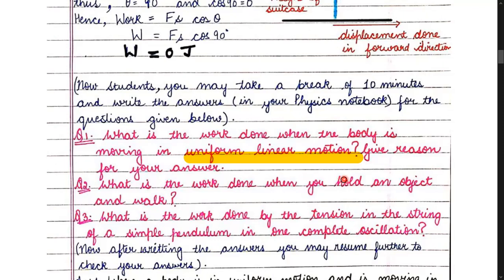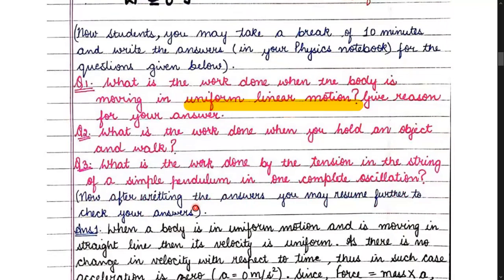Second question is, what is the work done when you hold an object and walk? So when you are holding an object and walking, what type of work are you doing? And thirdly, what is the work done by the tension in the string of a simple pendulum in one complete oscillation?